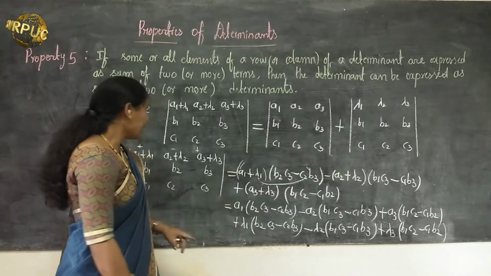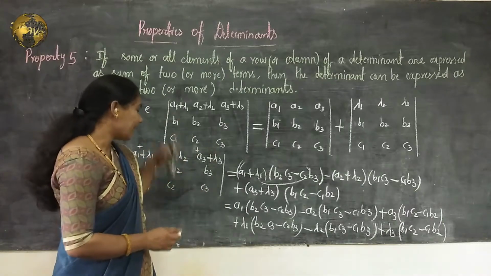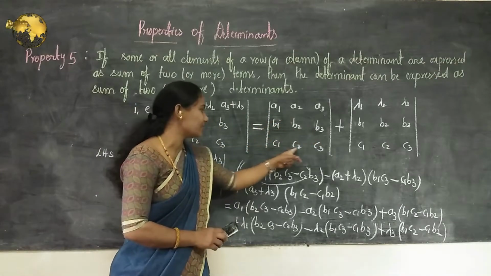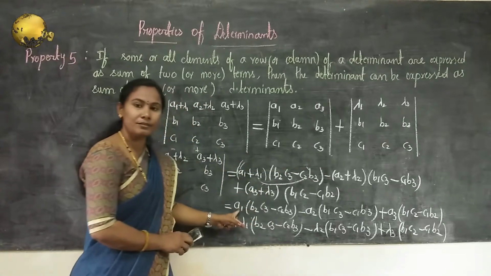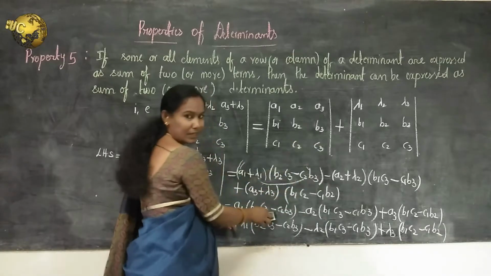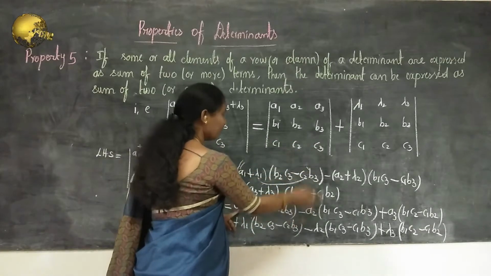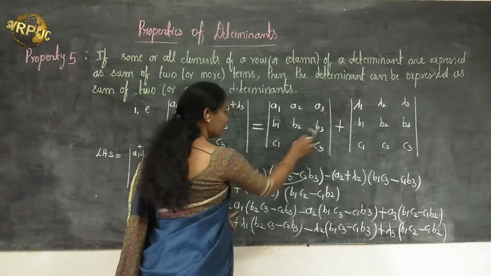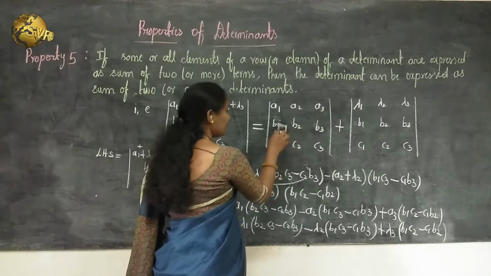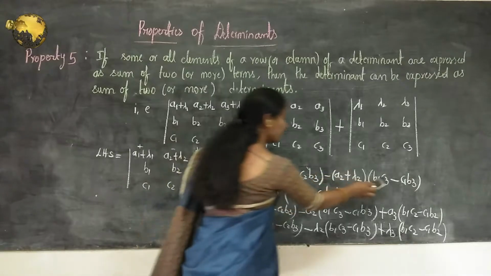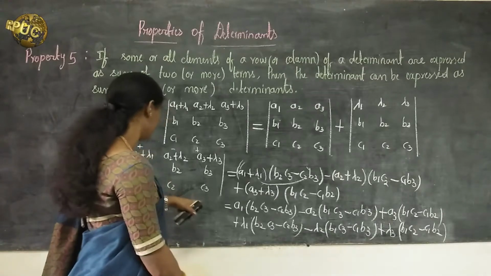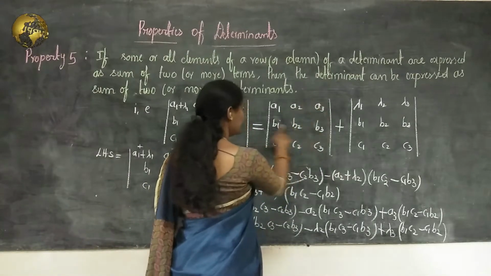So if we expand, third, B1 C2, and then B1, so neglect.